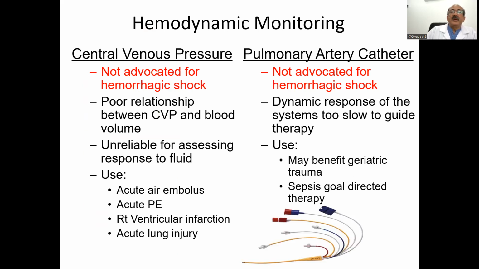There are different hemodynamic monitorings, in which intravenous pressure and pulmonary artery pressure both have no major role in hemorrhagic shock, although they have their own significance.